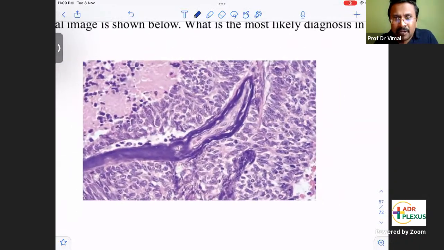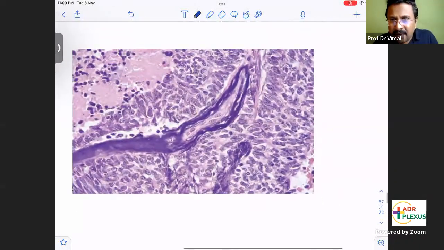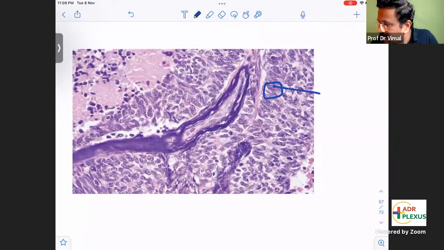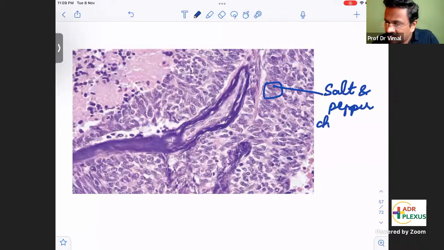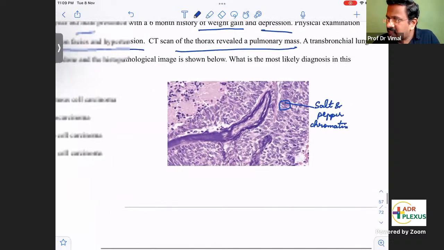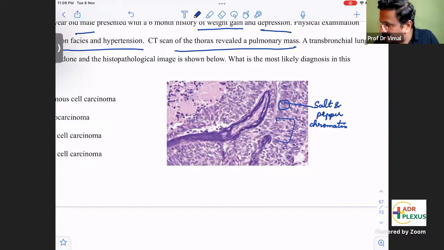You are seeing cells with somewhat granular cytoplasm and a granular nucleus with salt and pepper chromatin. The cells also mimic an oat shape, and so these are called oat cells.